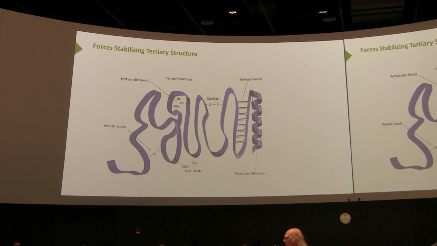It's happening because we're changing the charge on those things that are ionic in nature. If you look up above on the top where you see hydrophobic bonds, that's a really important one, very important in the stabilization and also the formation of tertiary structure.